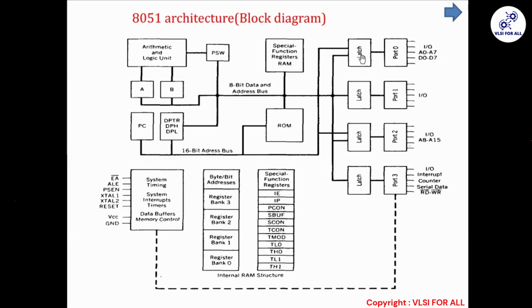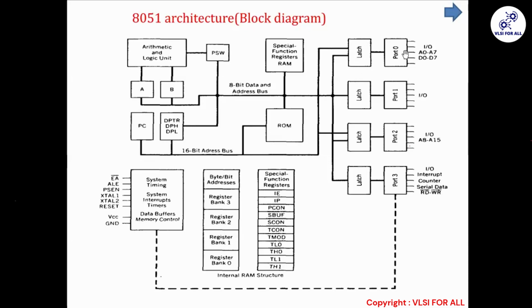It should not happen that you give the signal and it later changes directly. It has to be latched for some time so that my external circuit will sense it. Or if it is coming externally, it has to be latched so that my internal circuit will sense it. Either going out or coming in, it has to be latched for some time. And that's why every port has a latch. So obviously, how many latches will be required here? Can you tell me?